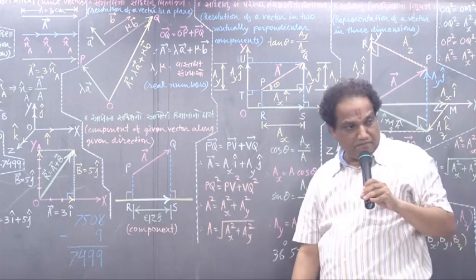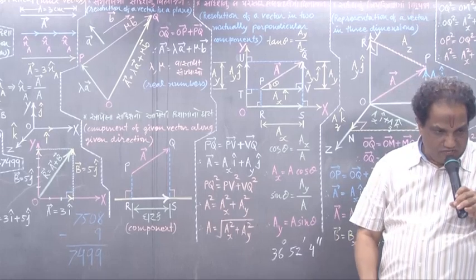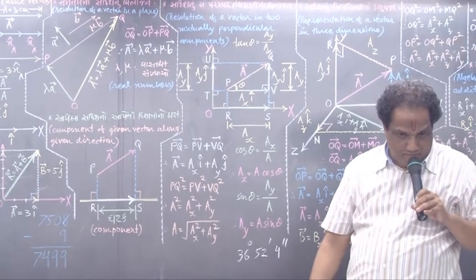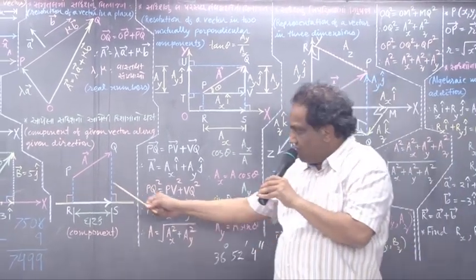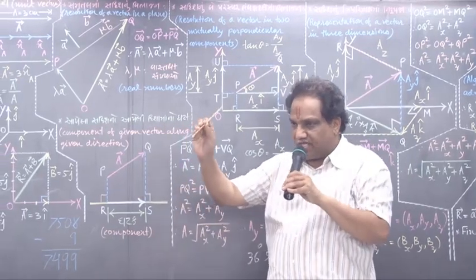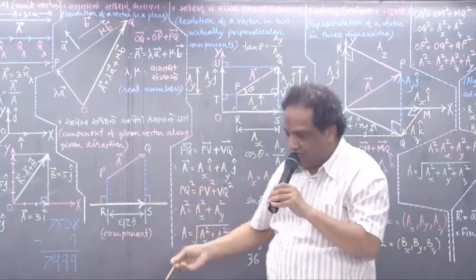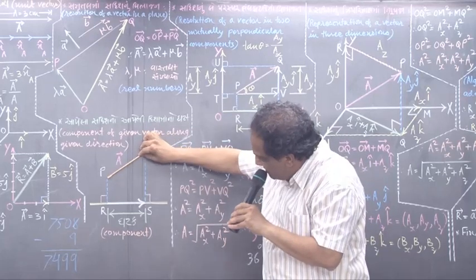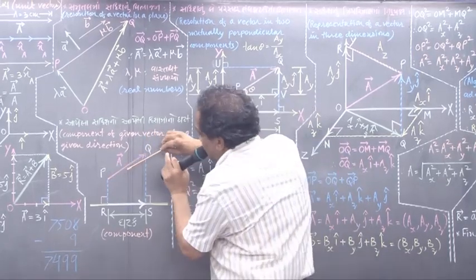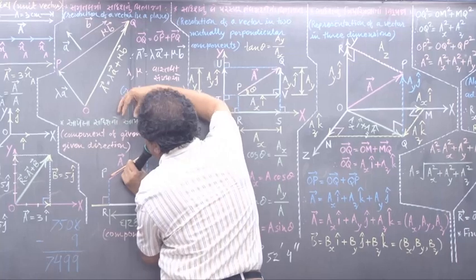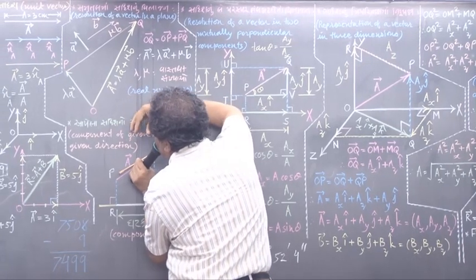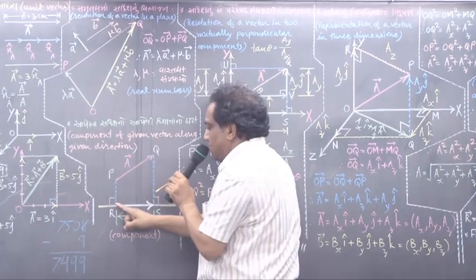Why is it called projection? Simple. Instead of a vector, just imagine a stick like this. And then on this stick, you project light. Then below the stick, what will you get in this region?